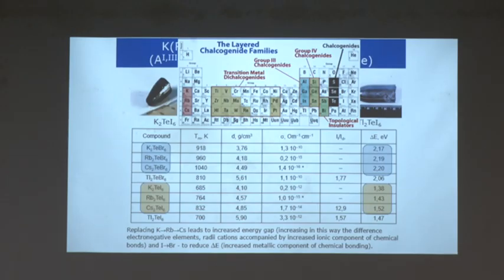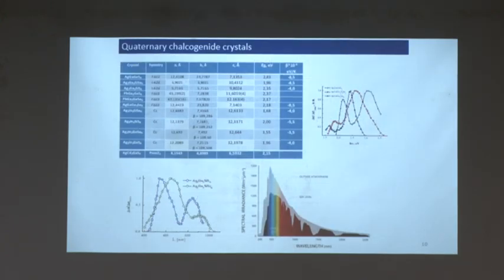And from the previous picture, this is one piece of information. But the material is more sensitive for changing or adjusting band gap when we put attention on the anionic part. From the cationic part, you see, this difference is very small between particular crystals.